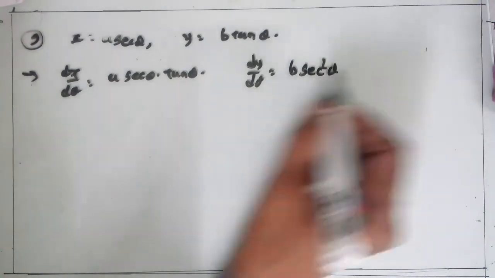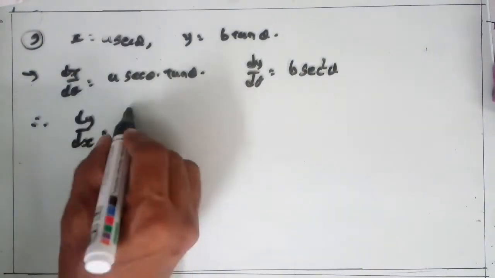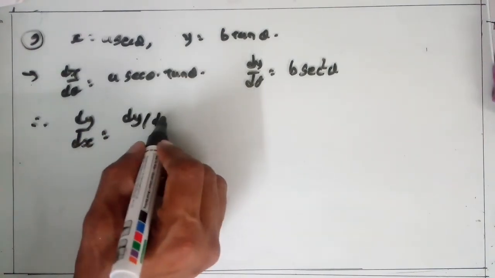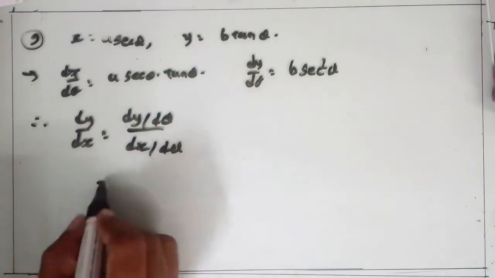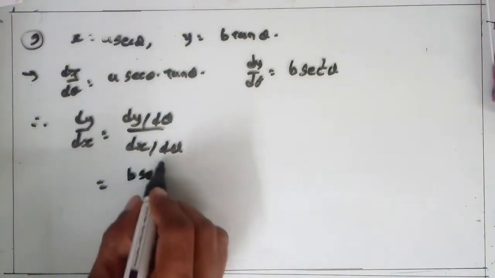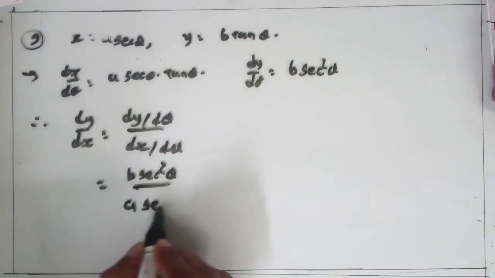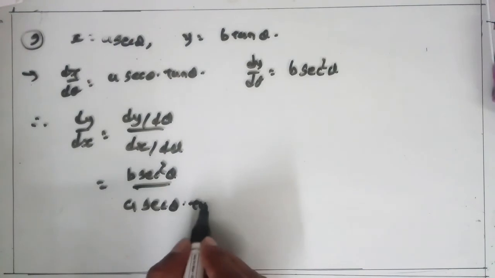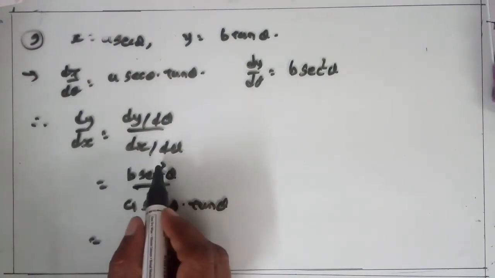You know. Therefore, dy dx is equal to dy d theta upon dx d theta. You know that dy d theta is equal to b sec square theta upon dx d theta is equal to a sec theta into tan theta. Clear? So is equal to, 1 sec cancel.